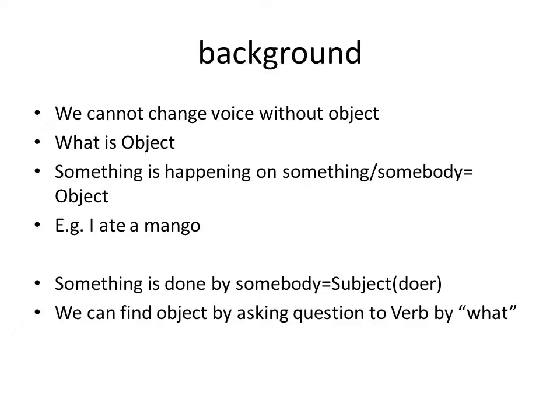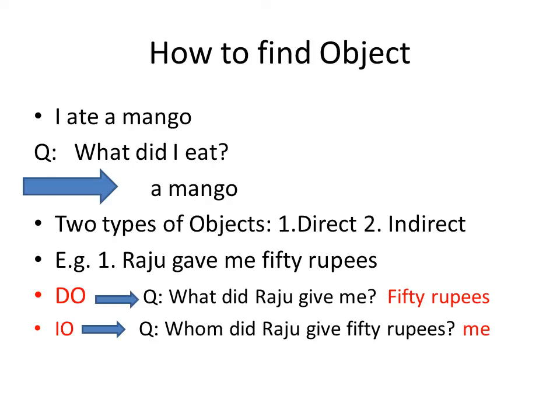There is one more thing: we have a trick to find out the object by asking the question what to the verb of the sentence. Let's see, using both of these objects: 50 rupees were given to me by Raju.